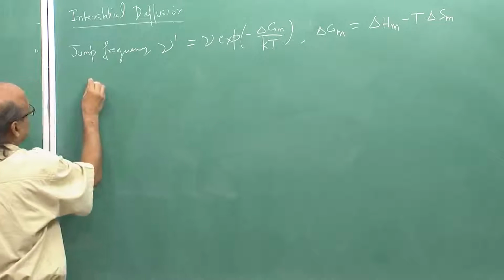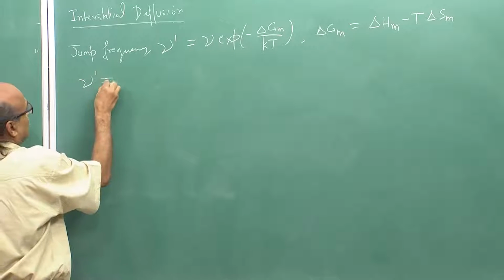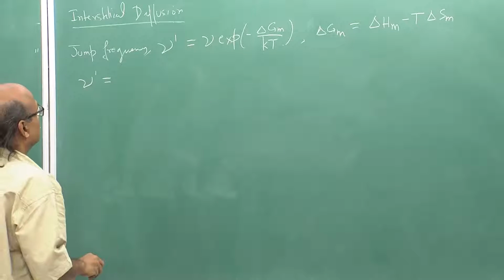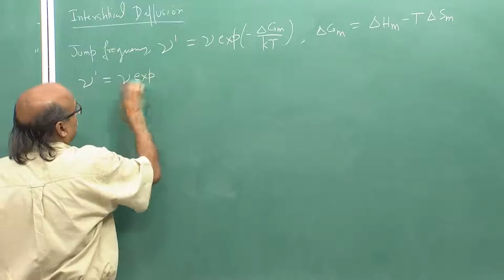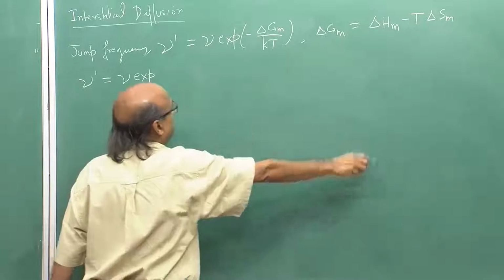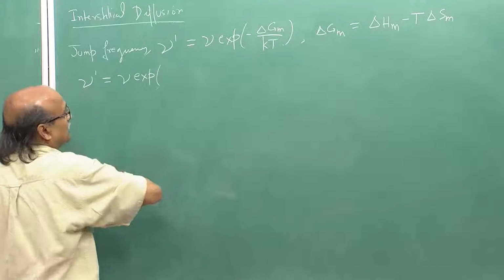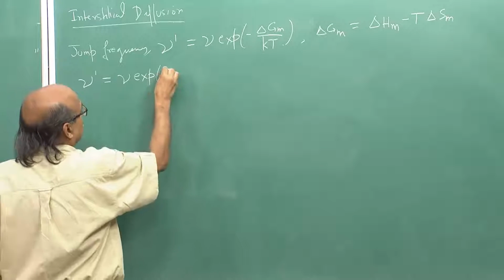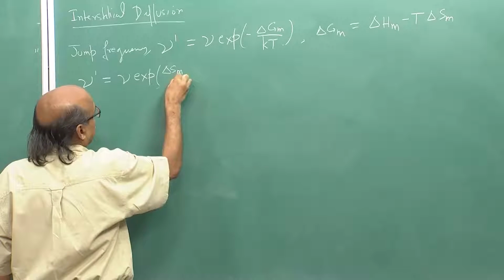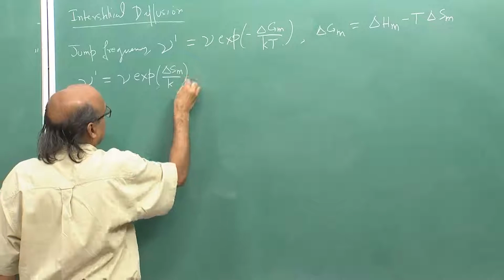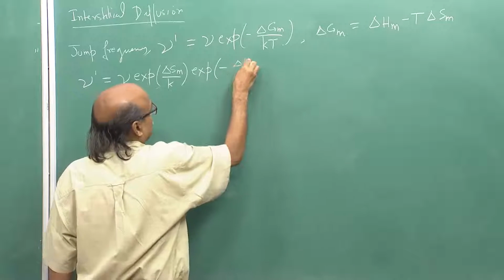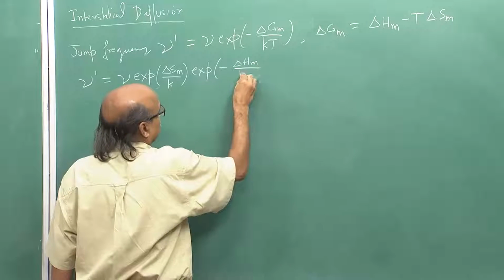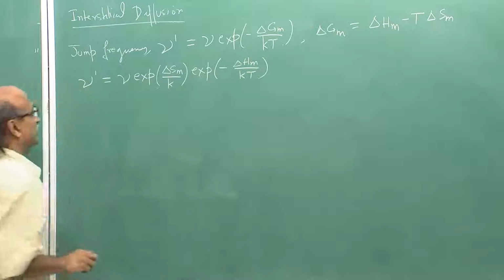So, substituting this, the jump frequency for interstitial diffusion is given by nu exponential delta Sm upon k times exponential minus delta Hm divided by kT.